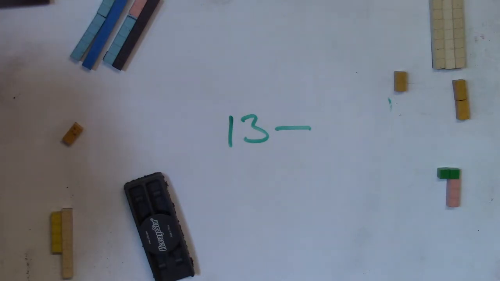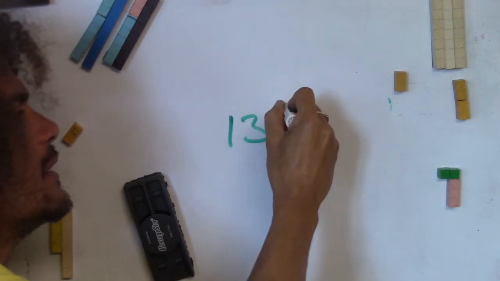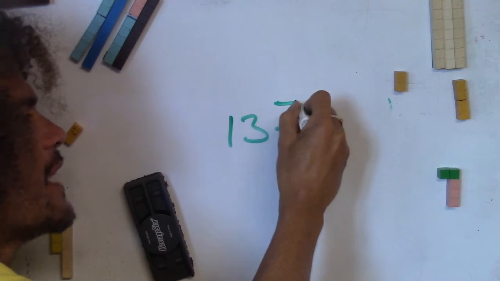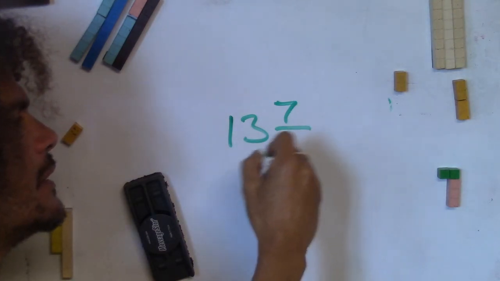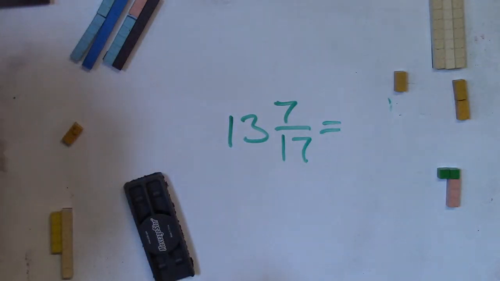Okay. How about... Let's just for fun. How about... Like a beast. 13 and 7 17ths. Ooh. Convert that. I'm already done. Oh, yeah. Alright. 13 times 17. What's 13 times 17? 100 and... Try again. 221.